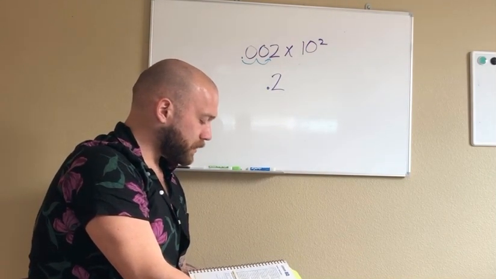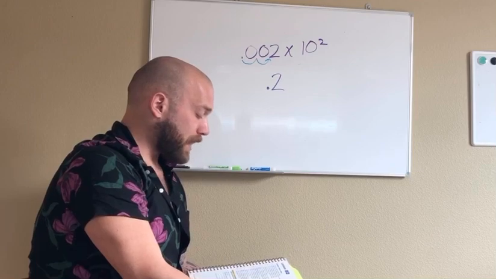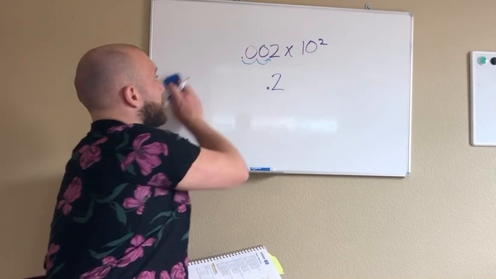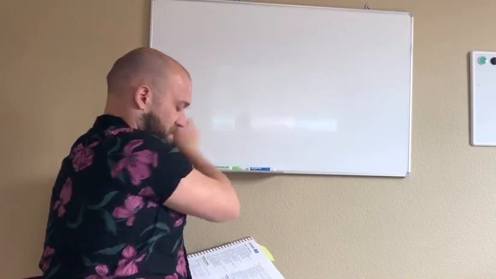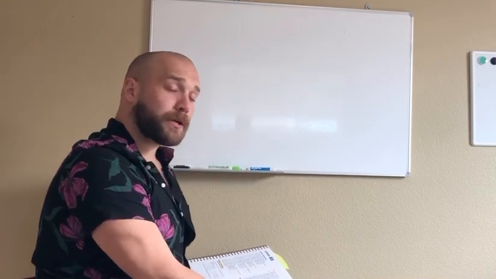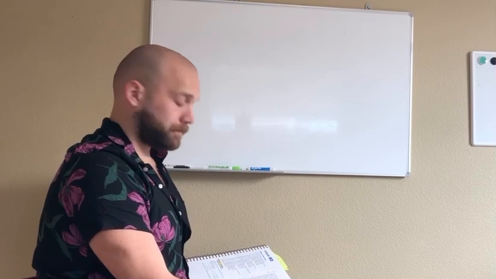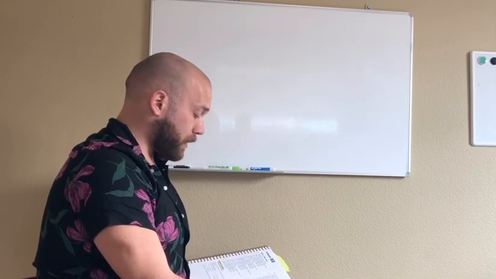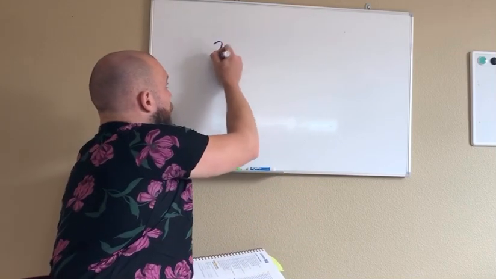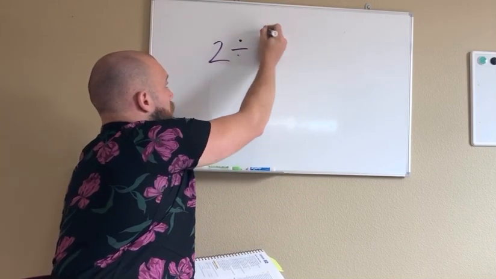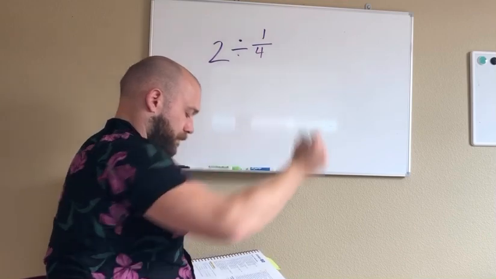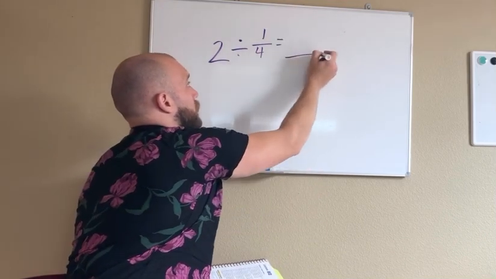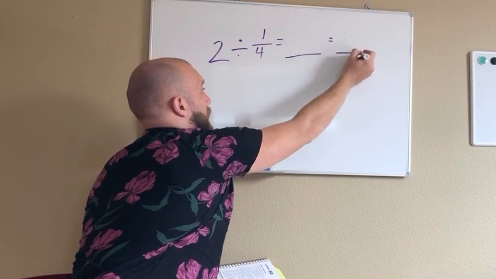All right, so now we can move on to fraction operations. Find part 2 in your workbook. Problem A, the only problem, says 2 divided by 1/4 equals blank, which equals blank.